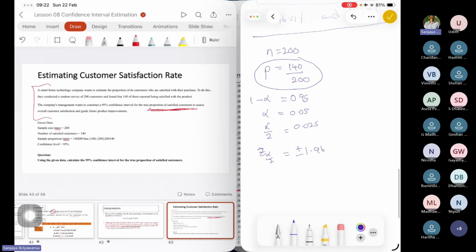So I'm asked for the confidence interval here, P plus or minus Z alpha over 2. Remember that. That's a mistake that one can make.